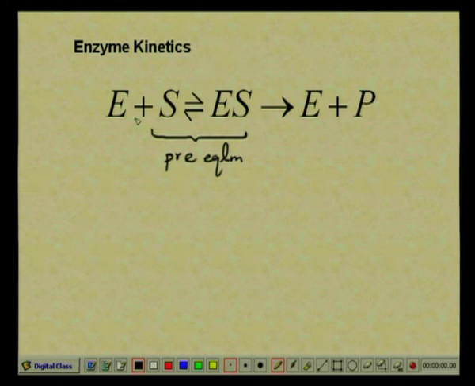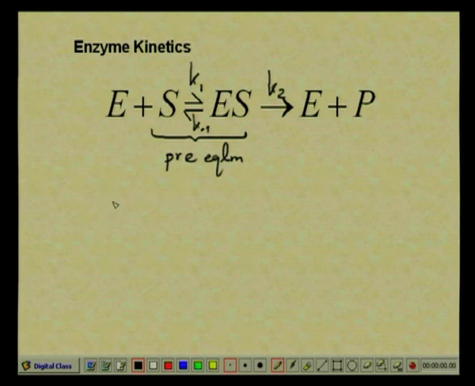Now, the first reaction that we have here is a pre-equilibrium, which means it has a forward rate constant and a backward rate constant, right. If we consider the forward rate constant to be small k1 and the reverse rate constant to be small k minus 1, and this to be k2, then we have our enzyme plus substrate.